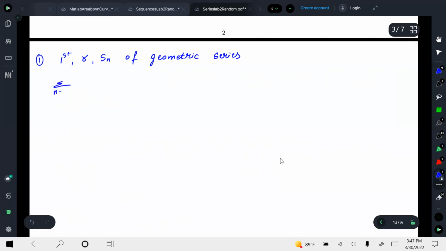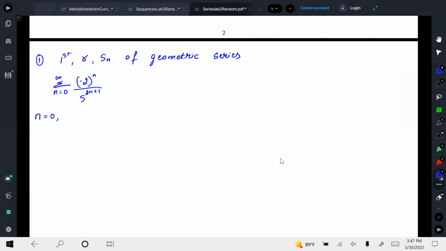Now, let me take an example of a series, n equal to 0 to infinity, of (negative 2) raised to n over 5 to the n plus 1. Okay, now let us start expanding the series for n equal to 0. What is the answer?